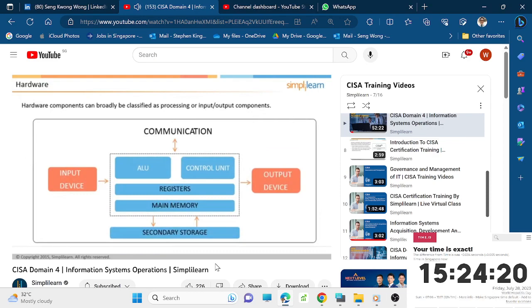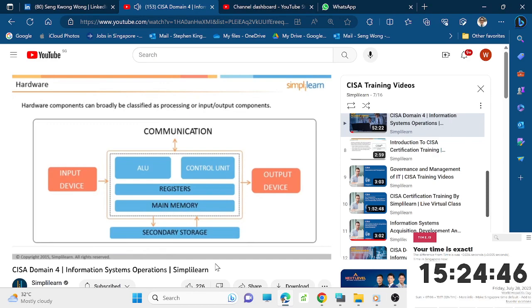The diagram on the screen shows a broad classification of computer hardware components and the communication between the input, processing, and output components of a computer. Input devices are used to capture data and information into the central processing unit of the computer. The central processing unit comprises the arithmetic logic unit, registers, and the main memory.